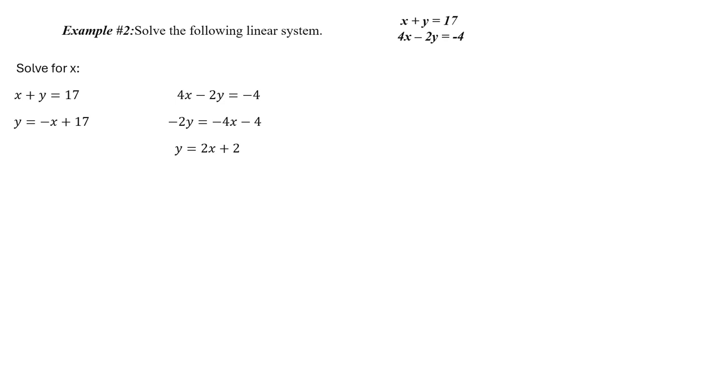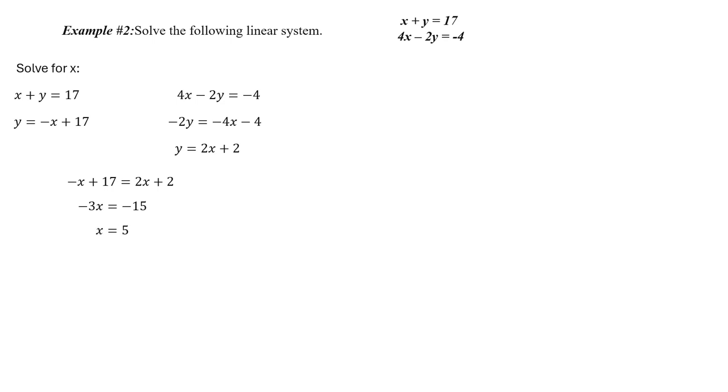Okay, now we have two equations that are both in slope y-intercept form, and we can simply set the right-hand side of the equations equal to one another, which gives us -x plus 17 equals 2x plus 2. Solving for x gives us a value of 5.